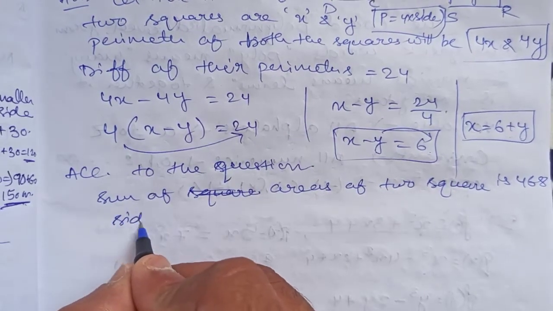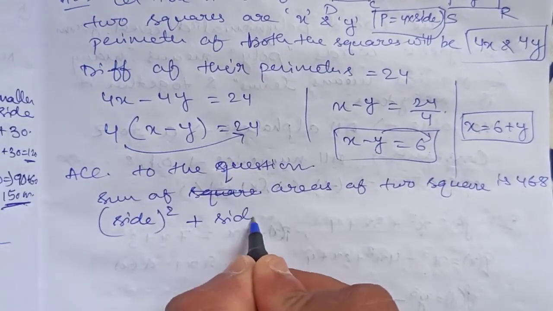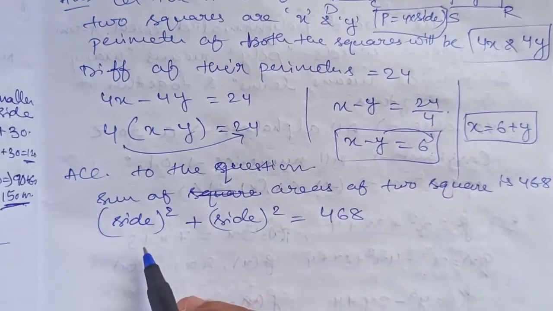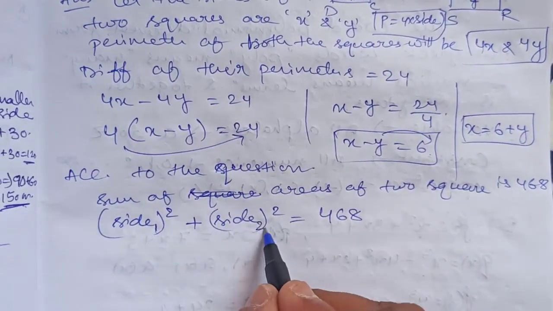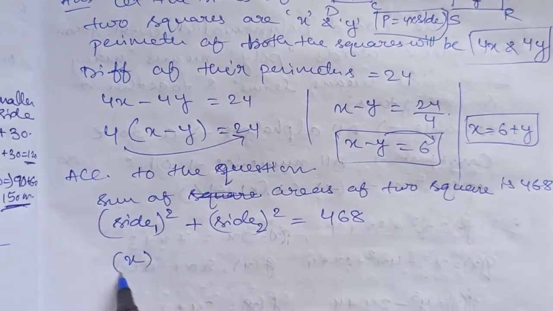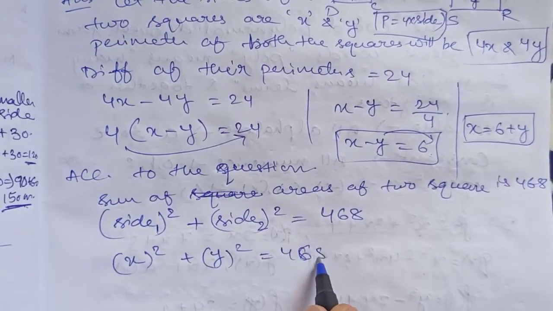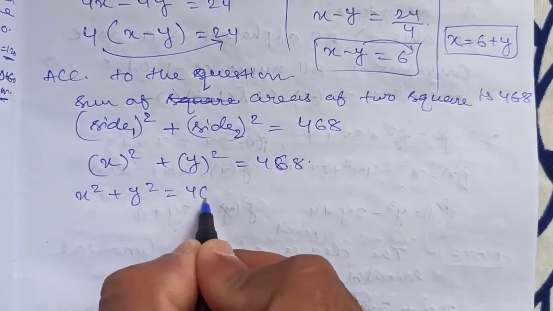Area is side square plus side square equals 468. The area of a square is side square, for the first square and for the second square, equals 468. What is the side? Side is x, so x square plus y square equals 468.